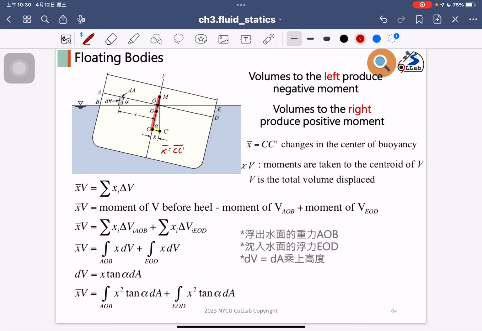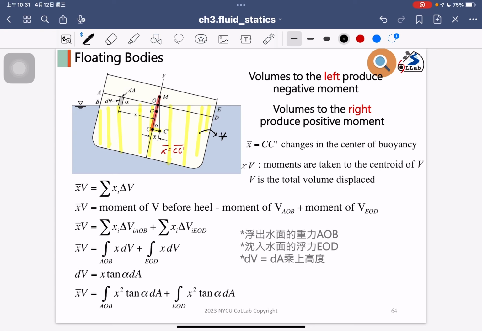And we have the volume V here. What is the V volume? The V volume is the displaced volume. After the rotation, the displaced volume is here, the yellow region. So the yellow region in here is our V.